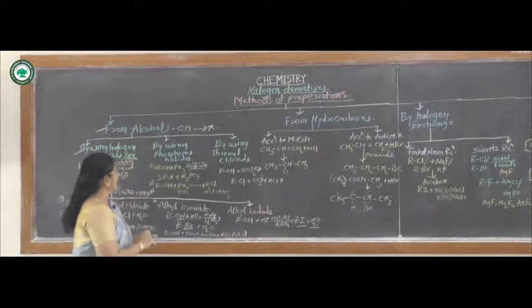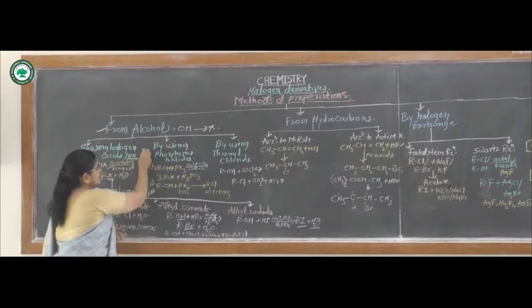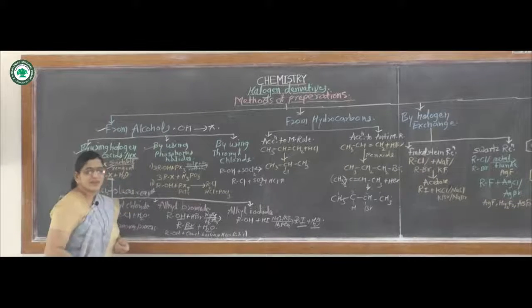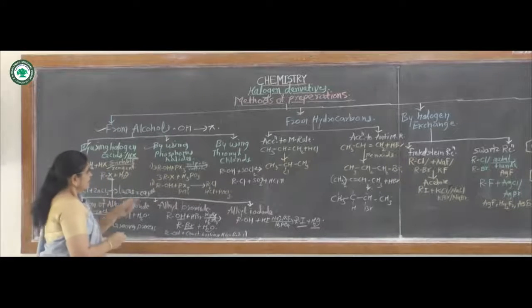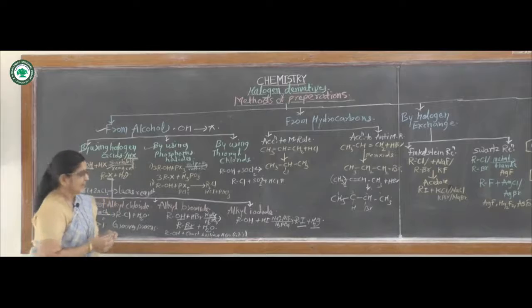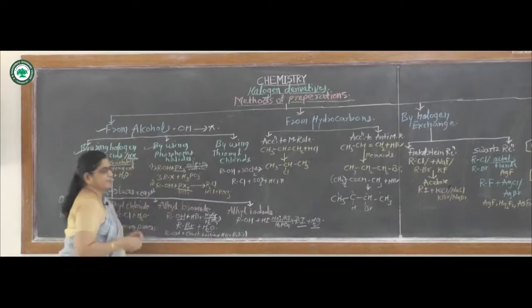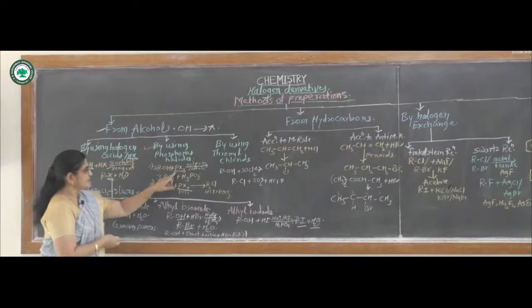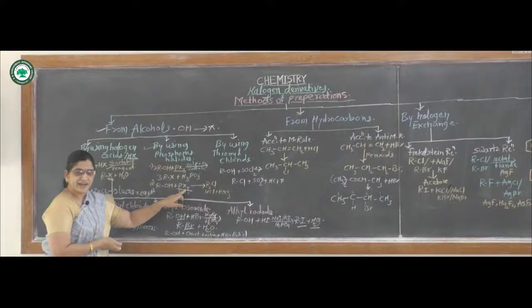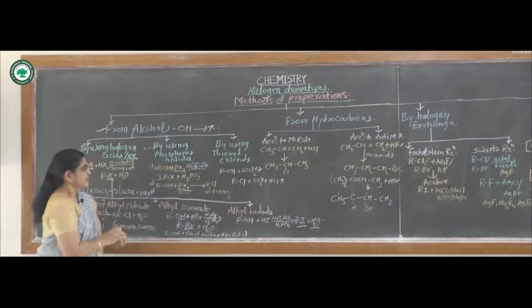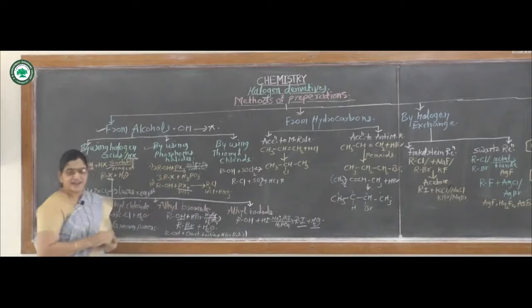Then the second method from alcohols is by using phosphorus halides. There are two types of phosphorus halide, PX3 and PX5, that is, phosphorus trihalides and phosphorus pentahalides. First of all, reaction with phosphorus trihalides.